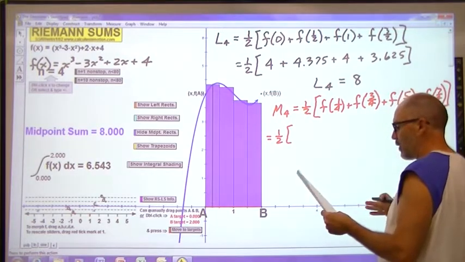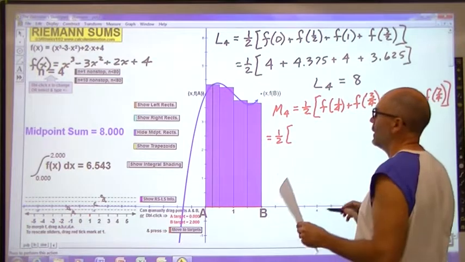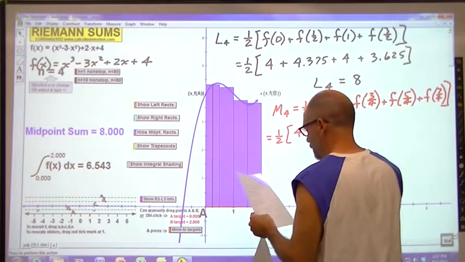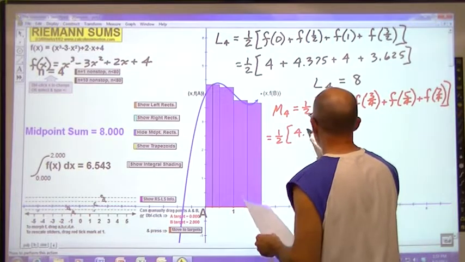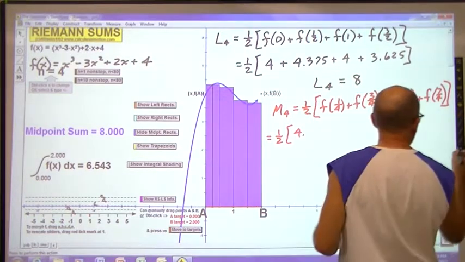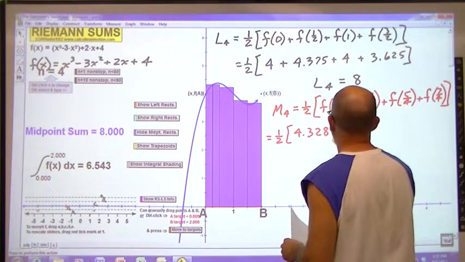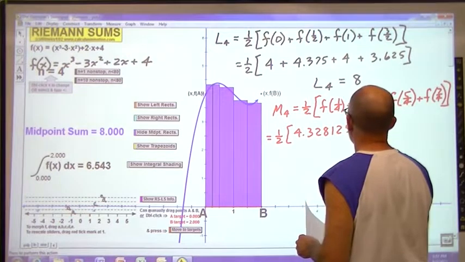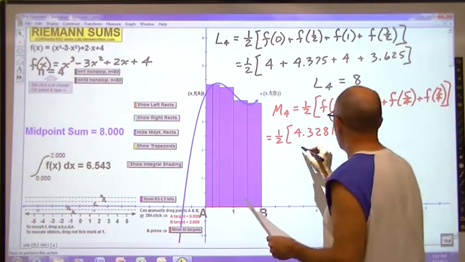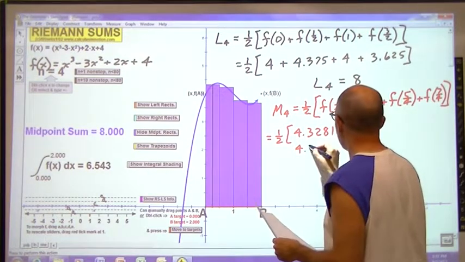okay, now these numbers are a little bit bigger. When you're putting in 1/4 into that function, you're going to end up with 4.328125. Plus, now I put in 3/4 and I end up with 4.234375.